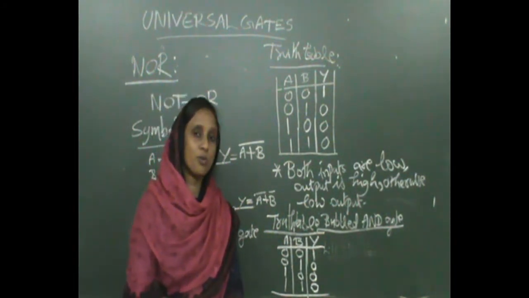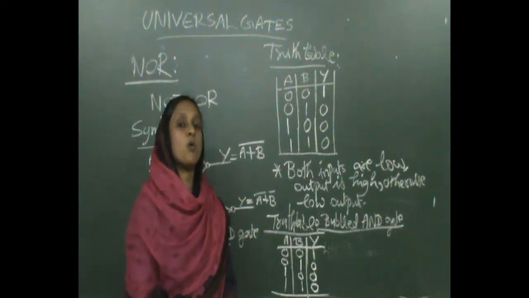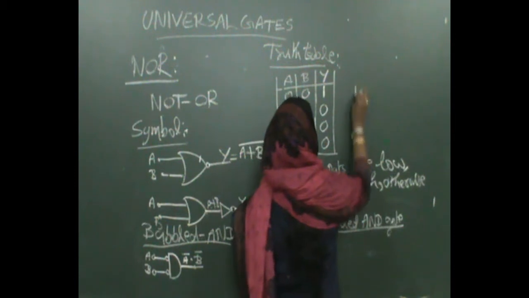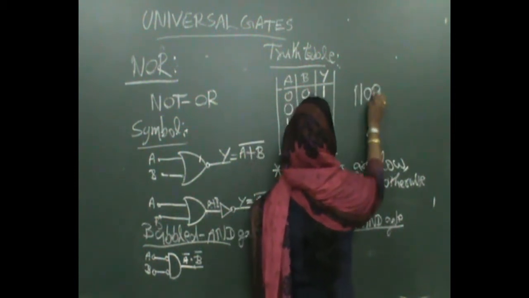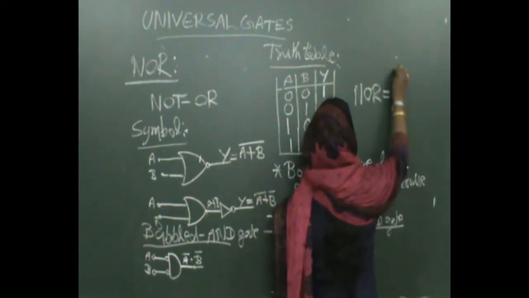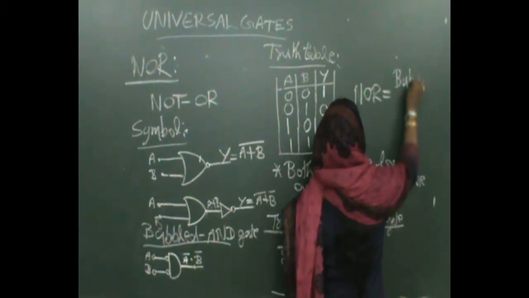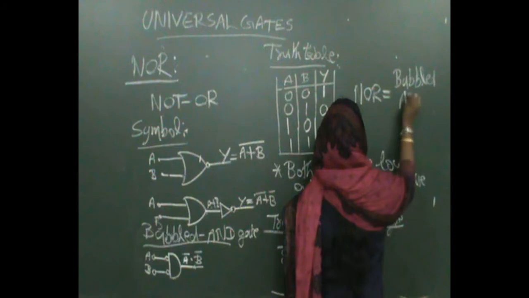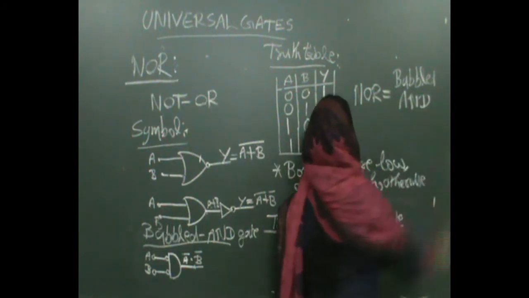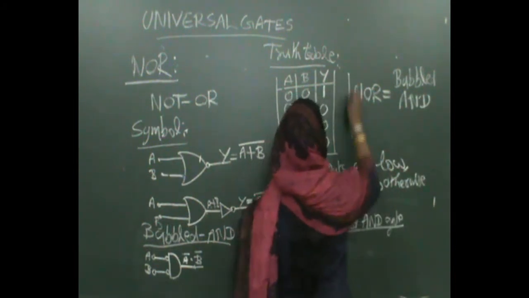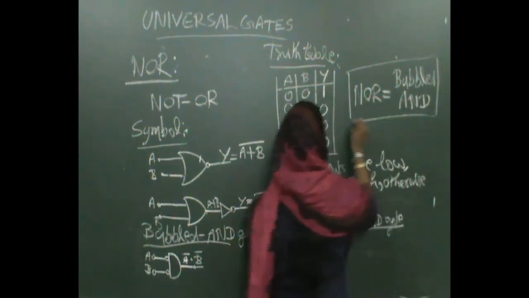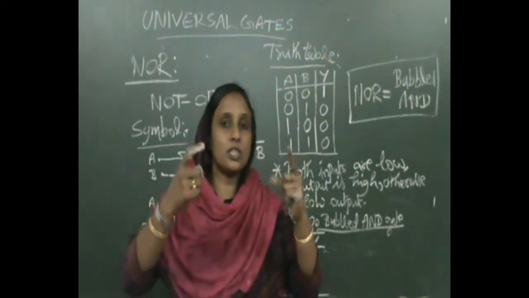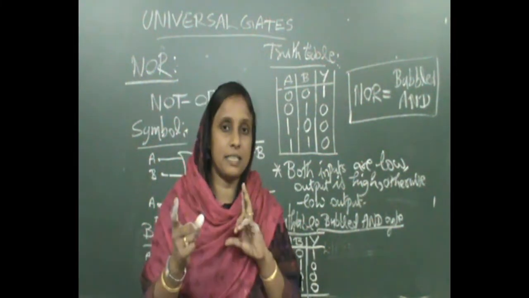So what do we have to conclude? We can conclude that both are the same. So NOR gate is equal to bubbled AND gate. NOR gate is also known as bubbled AND gate.